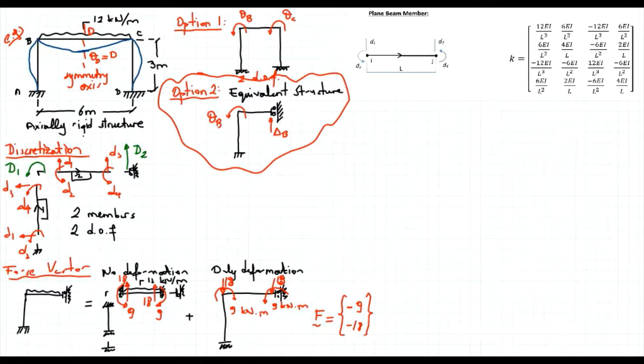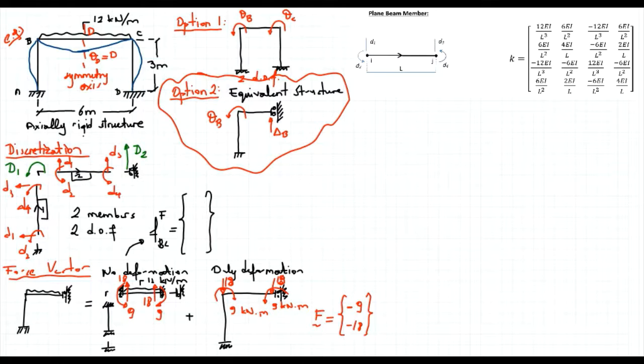So this is the force vector. And by looking at the no deformation case, I can determine the fixed end force vector for member BC. While determining the directions, I'm comparing this free body diagram with the directions of the second member.